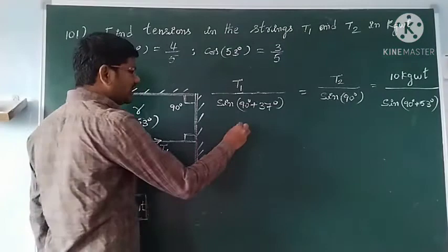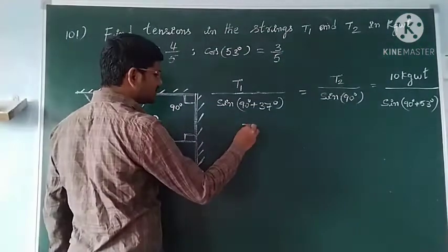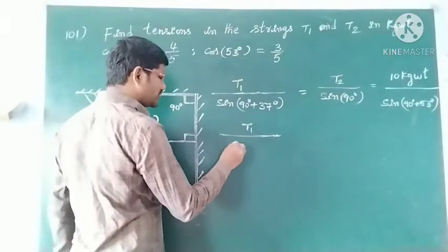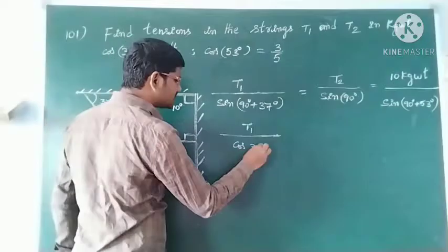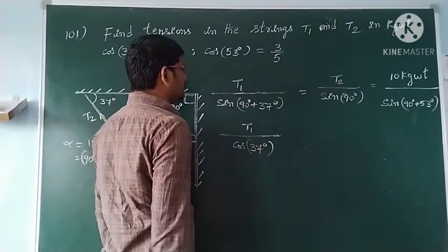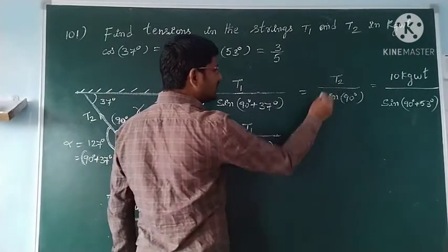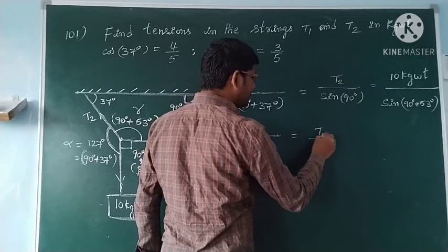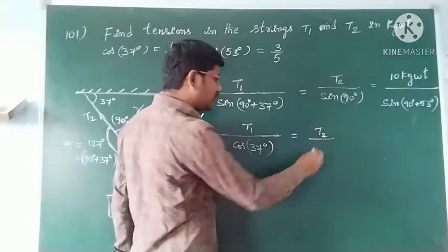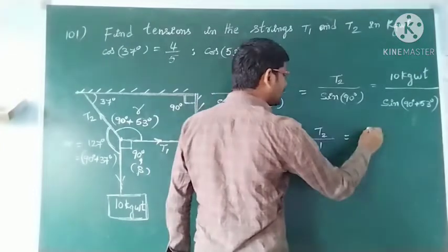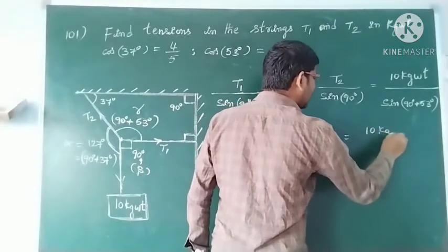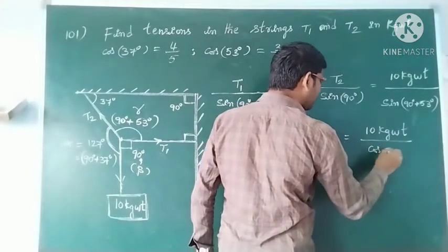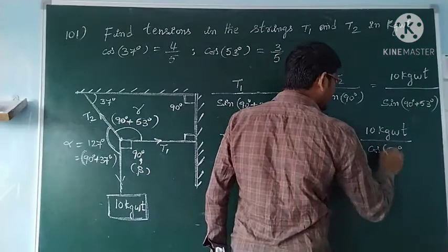So then what will I get, you see students? T1 by sine 90 plus 37 degrees will become T1 by cos 37 degrees. And here T2 by sine 90, and sine 90 degrees value we know is 1. That is equal to 10 kilogram weight by sine 90 plus 53, which is cos 53 degrees.